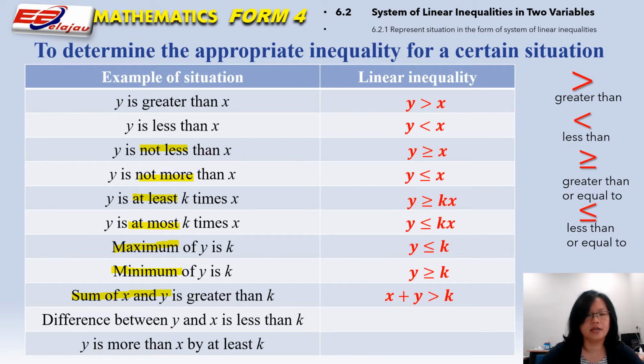Then, difference between y and x can be written as y minus x is less than k. The last example or situation, y is more than x by at least k. Y is more than x can be defined by y minus x and always greater than or equal to k.